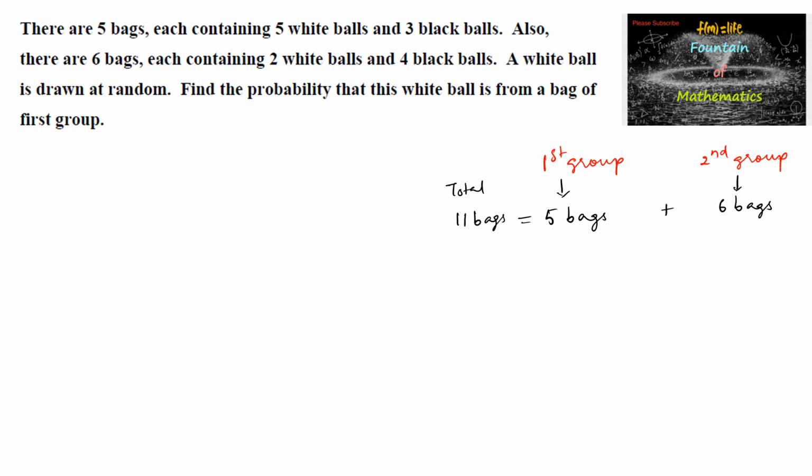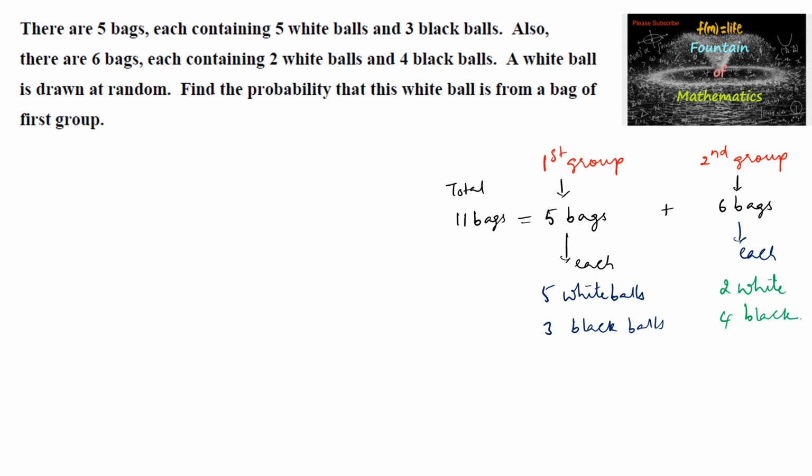And now again, in each bag we have 5 white balls and 3 black balls. And again in the second group, each bag contains 2 white balls and 4 black balls.